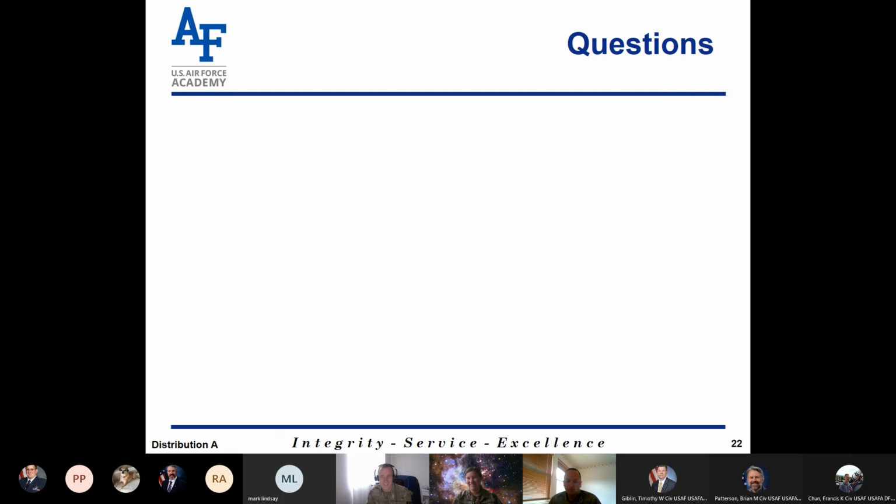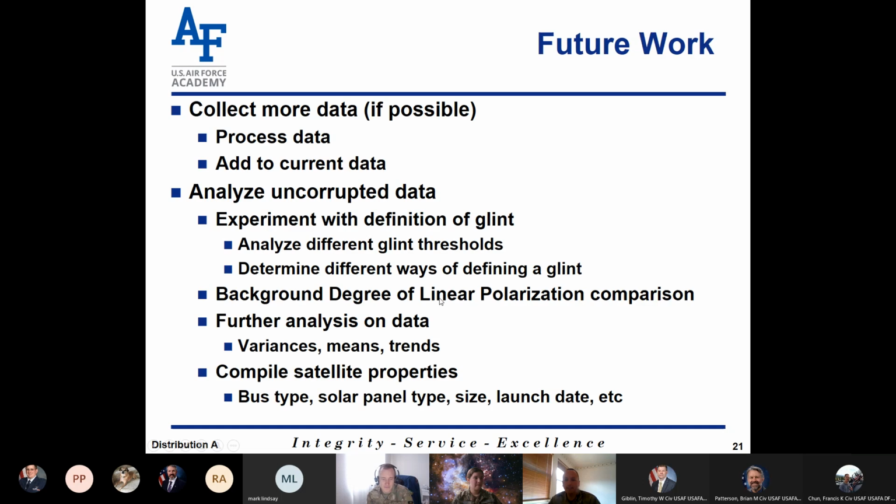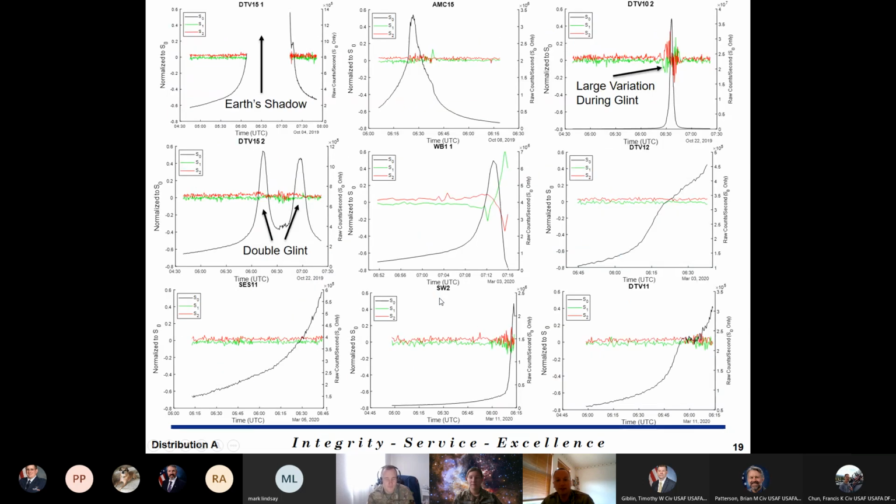Okay, Colonel Scoville. Audra's very good presentation. Can you go back to the slide with all the different satellites? Yeah, that one. So I know that you were mainly focusing on clearing out the corrupted data, coming up with a method to identify that, and you did a great job at that.